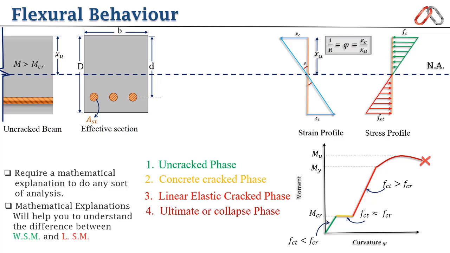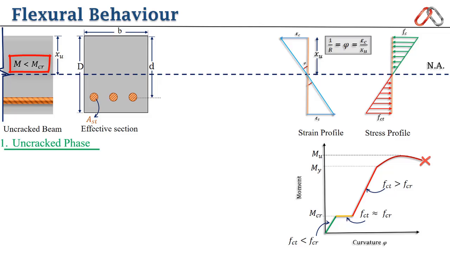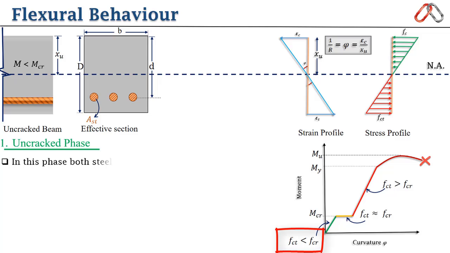So let's first start with the uncracked phase. In the early stage of loading, the applied moment is less than cracking moment, and maximum tensile stress (fct) is less than fcr. Neither steel yielded nor concrete cracks, hence both are in linear elastic range.